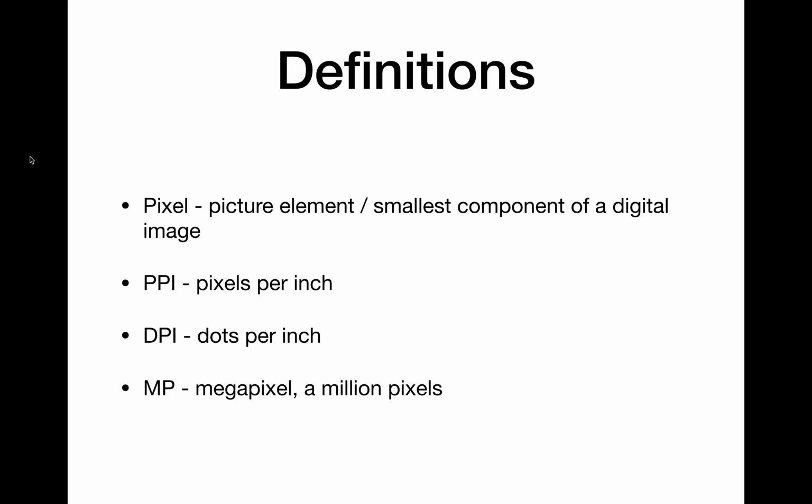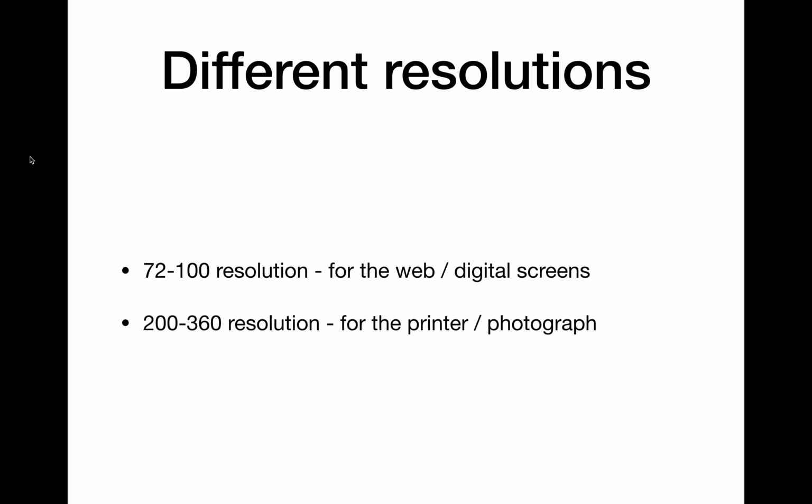So let's get out of this mindset and think about how this translates in terms of how we're going to use images for this class. So 72 to 100 resolution is images that are made for the web. So these are made for digital screens, and this is regarding output.